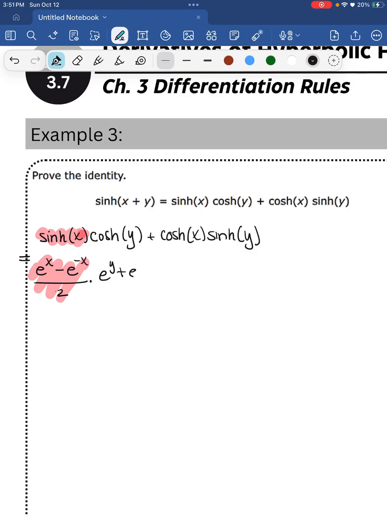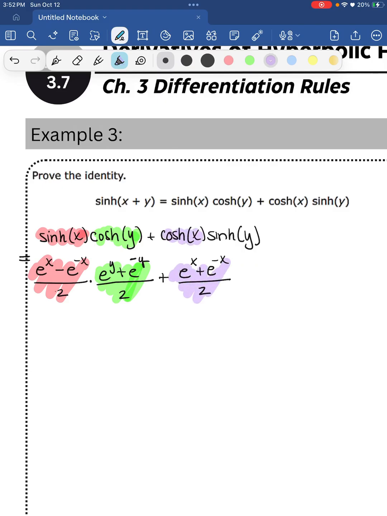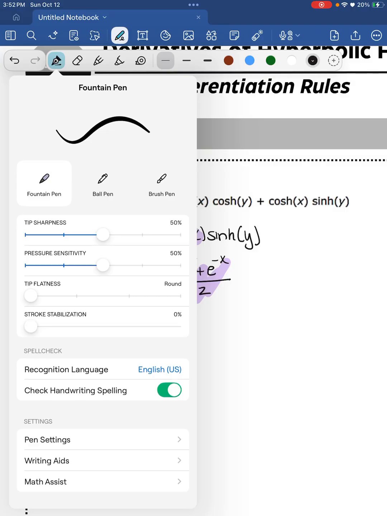Notice that nothing is canceling out yet, and that's because we still need to figure out what this is going to be, or maybe that will help us cancel stuff out. So in this case, we're taking e to the x plus e to the negative x times e to the y minus e to the negative y. So we take e to the x times e to the y. That's going to be e to the x plus y.